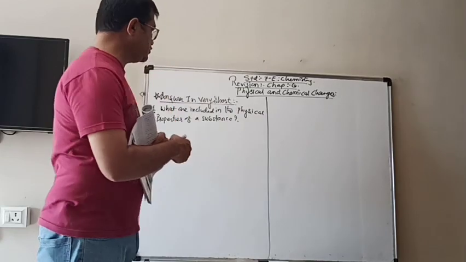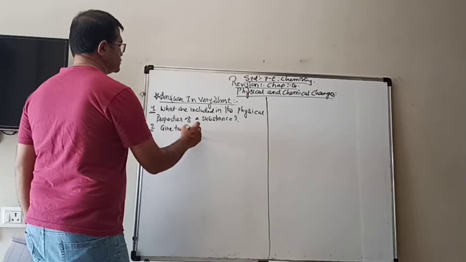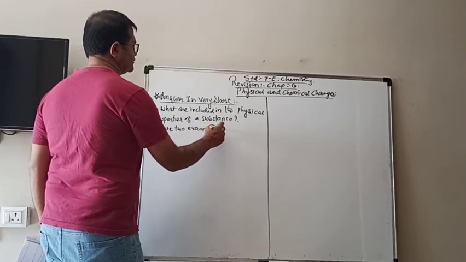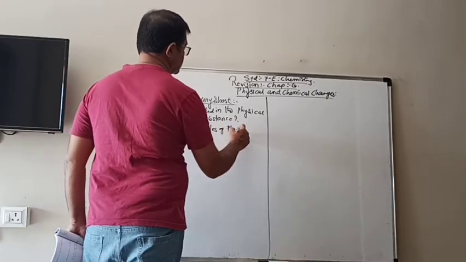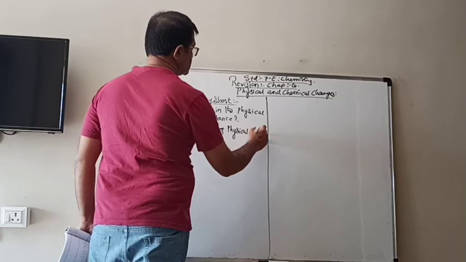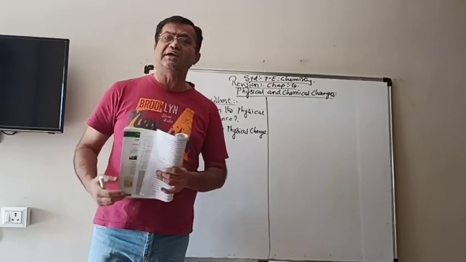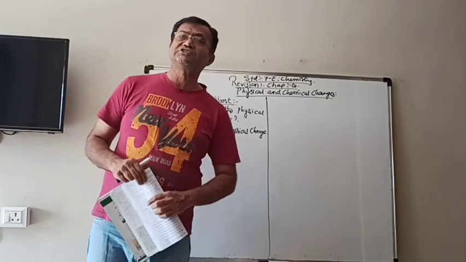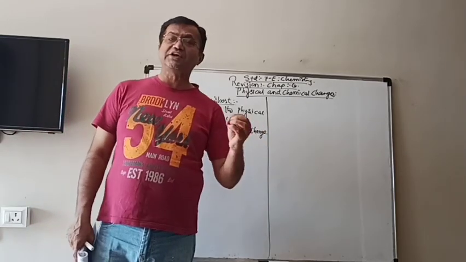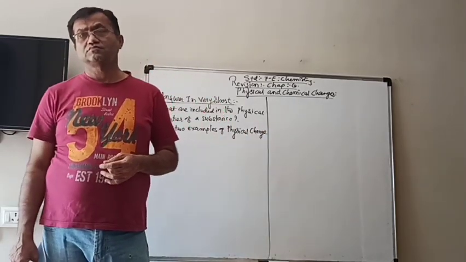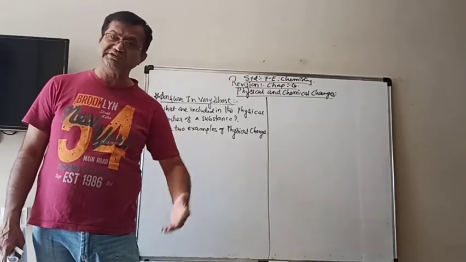Next question, give two examples of physical change. Now we can give so many examples of physical change, like breaking of a glass, in which no new substance is made, only the physical property is getting changed.